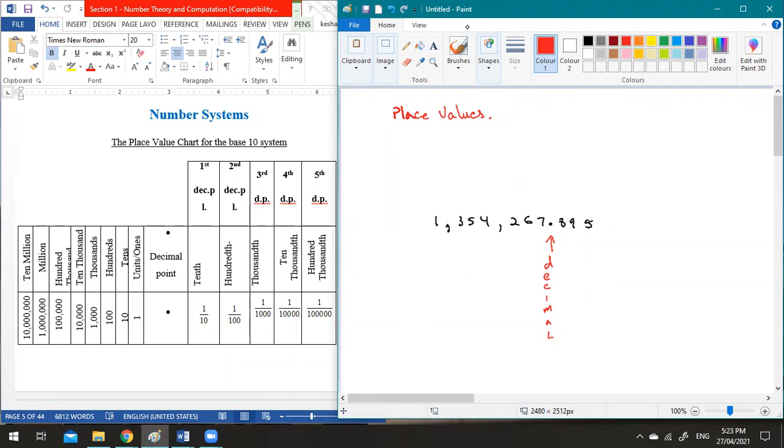So if I can draw a table going. That table might be big enough. Let me do it again.